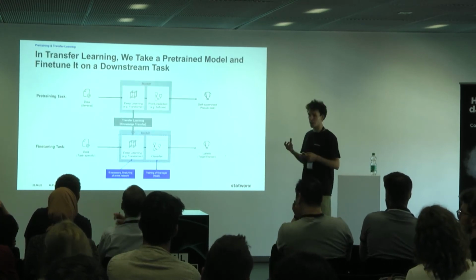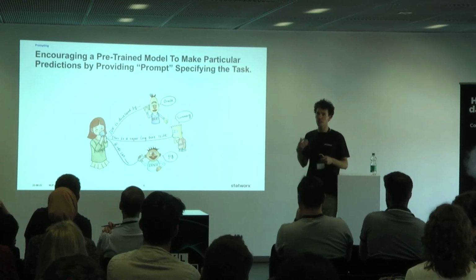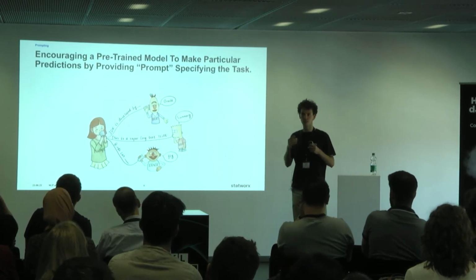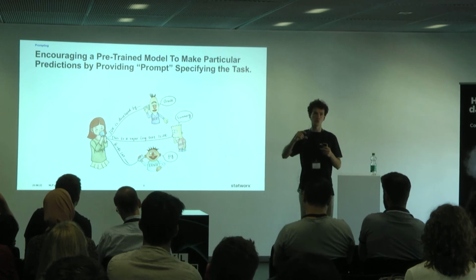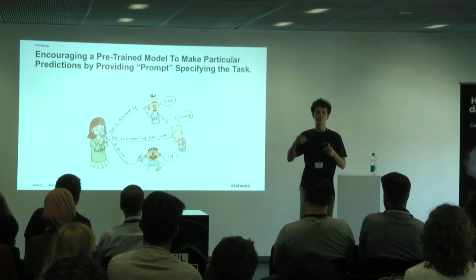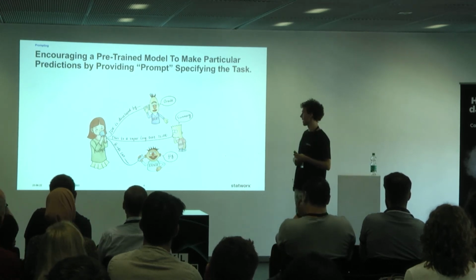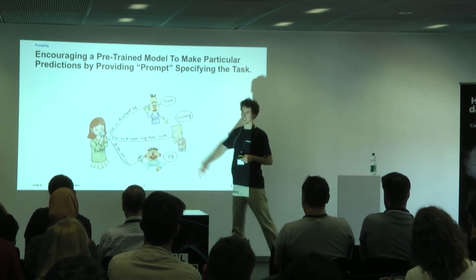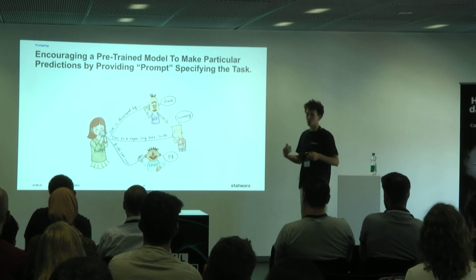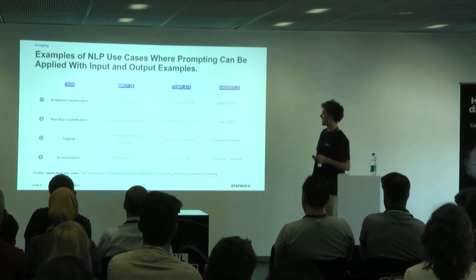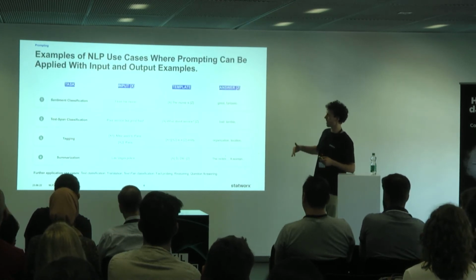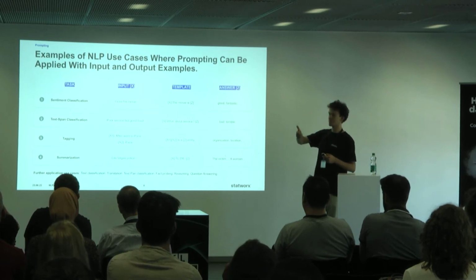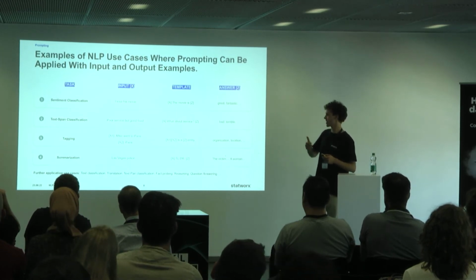But now we have prompt engineering, so we do not really need this fine-tuning step. We can directly use the big model for prediction. So we provide the input using prompting, and we get the output that we would like to have. Here are a few examples, as I mentioned: sentiment and recognition of the entities in a text.